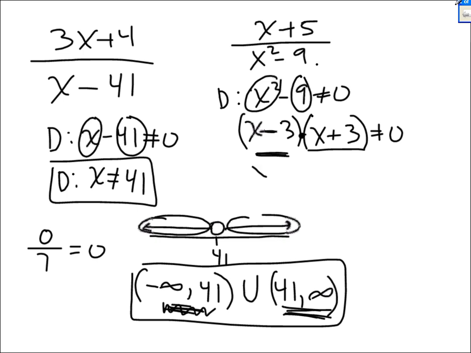This is 0 when x is 3, so don't allow it. Or this is 0 when x is negative 3. Don't allow that. Otherwise, the product will be 0. Don't let the denominator equal 0.